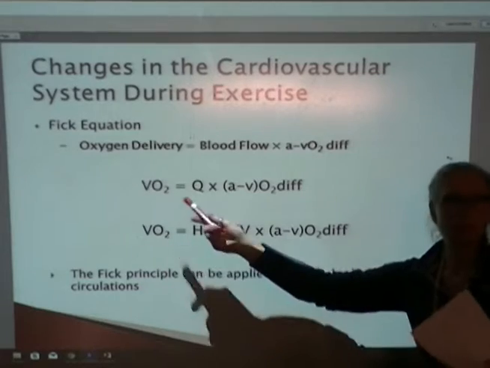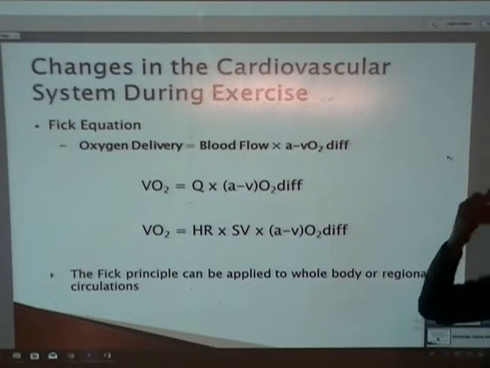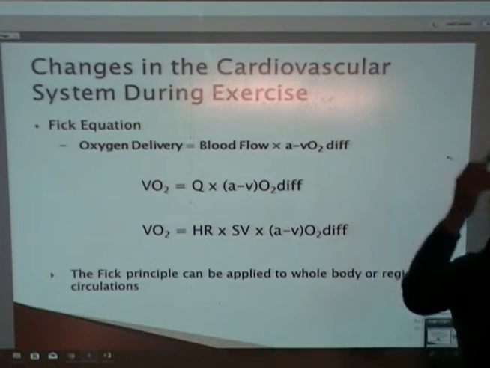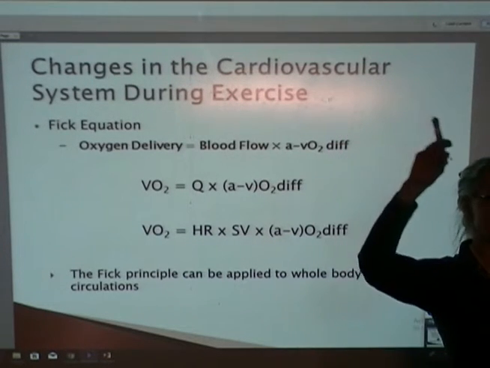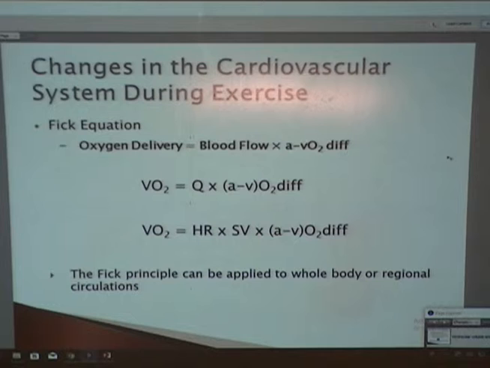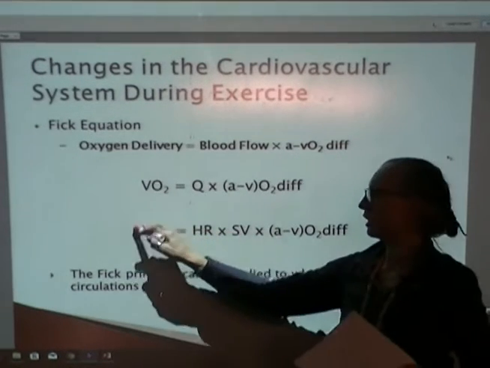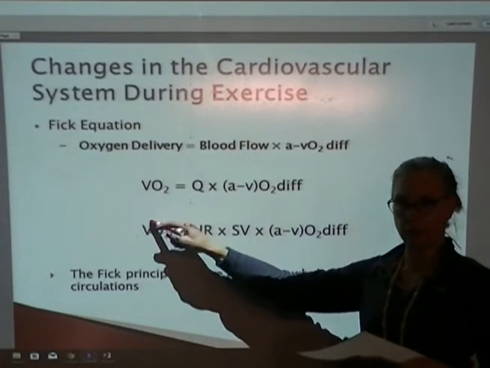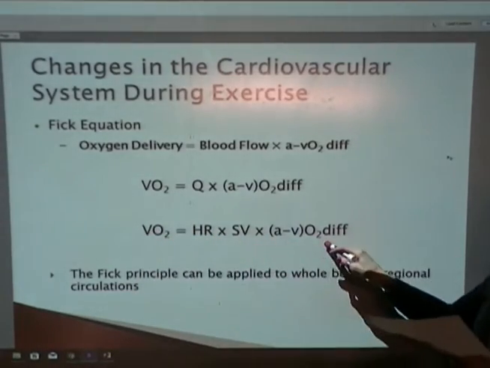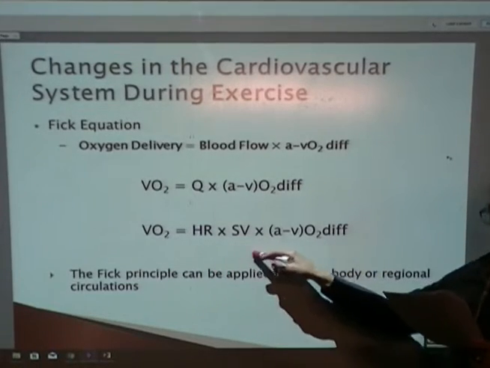And our VO2, we can use a percentage of our VO2 max as an intensity measure if we want to. Our VO2 max, everybody's got that plateau for their VO2, okay, that is genetically determined, right? So how much oxygen I can consume at the tissue level is genetically determined, but I can measure it using this idea.